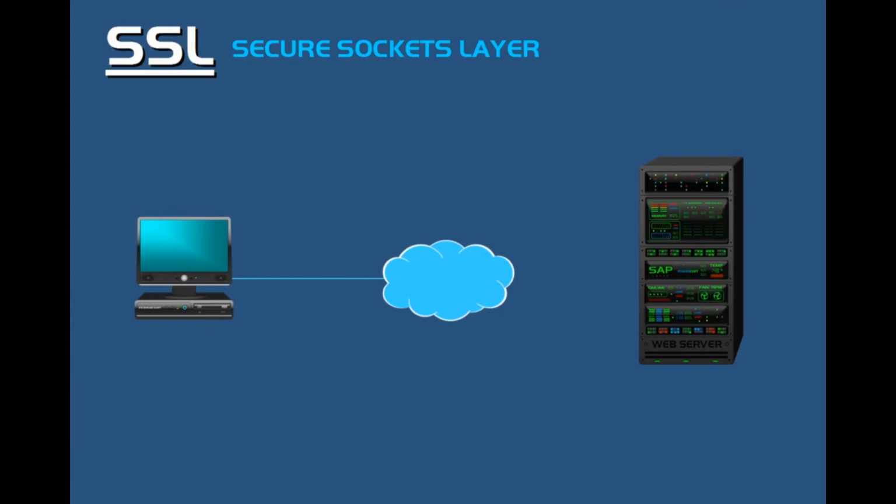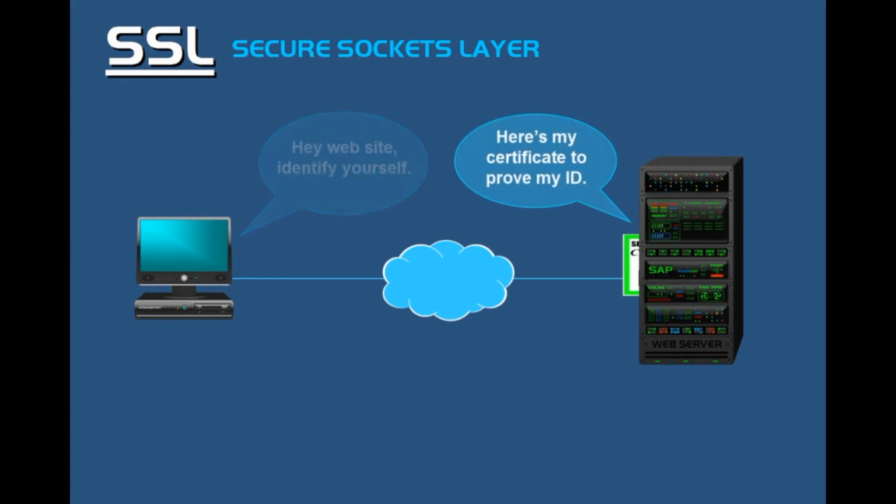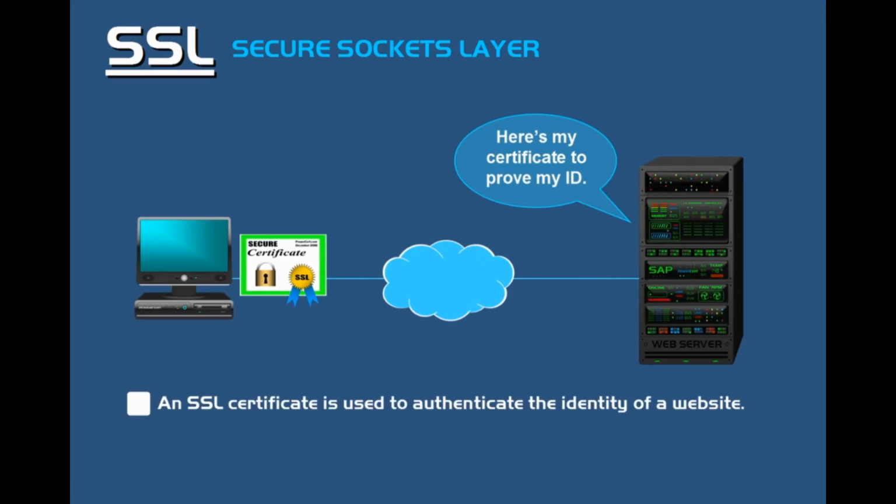When a computer connects to a website that's using SSL, the computer's web browser will ask the website to identify itself. Then the web server will send the computer a copy of its SSL certificate. An SSL certificate is a small digital certificate that is used to authenticate the identity of a website. Basically, it's used to let your computer know that the website you're visiting is trustworthy.